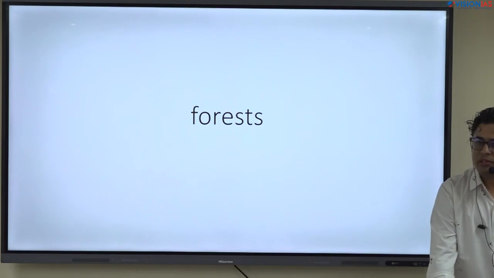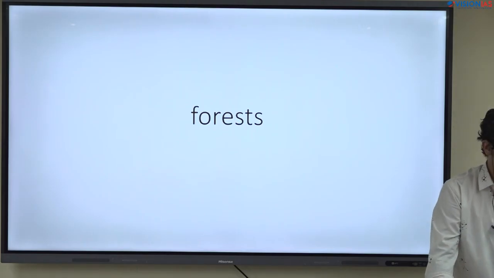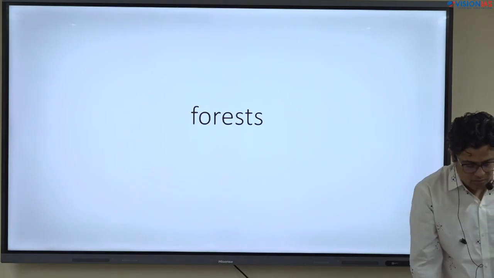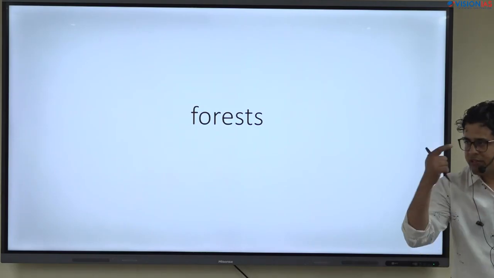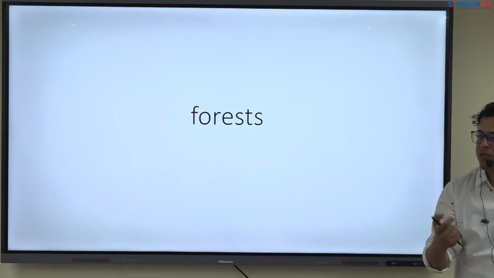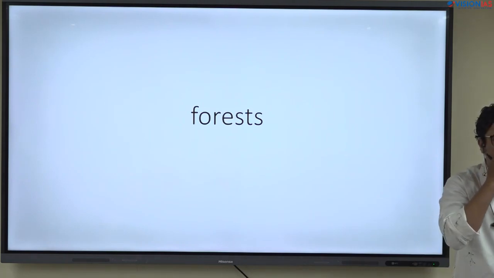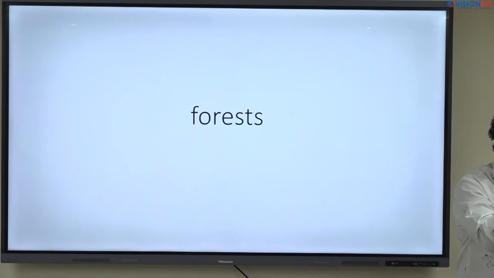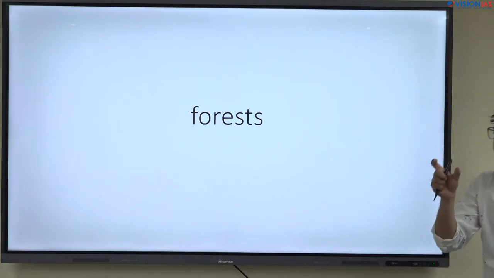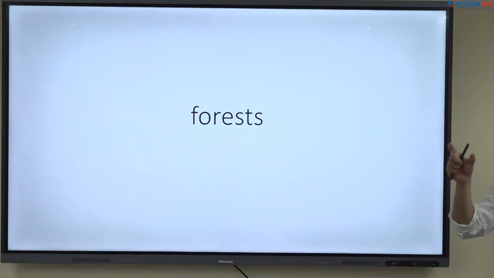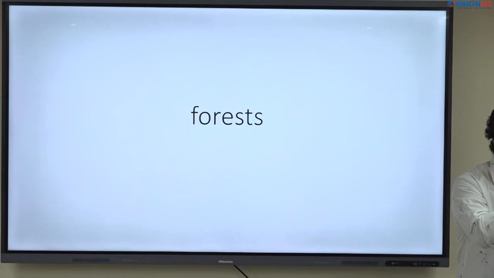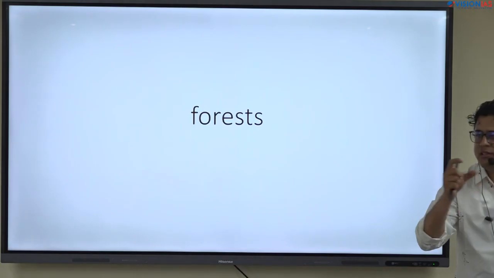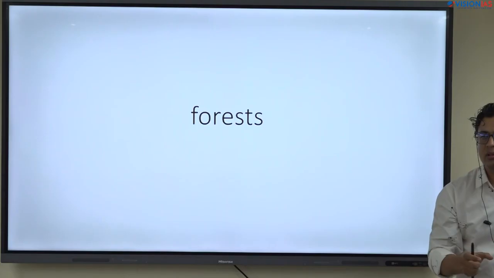Now, what is the pattern in which questions are asked from this topic? This topic is mostly asked in MCQs. In MCQs, UPSC will give you 3 or 4 hints. Hint number 1, that this forest is found in this particular area of the country. Hint number 2, related to climate, that you will see this much rainfall and this much temperature in this forest.